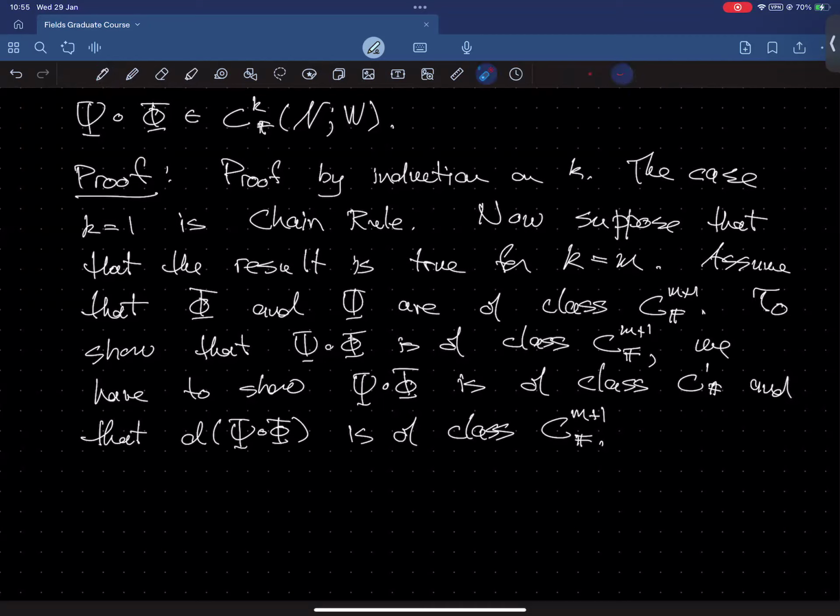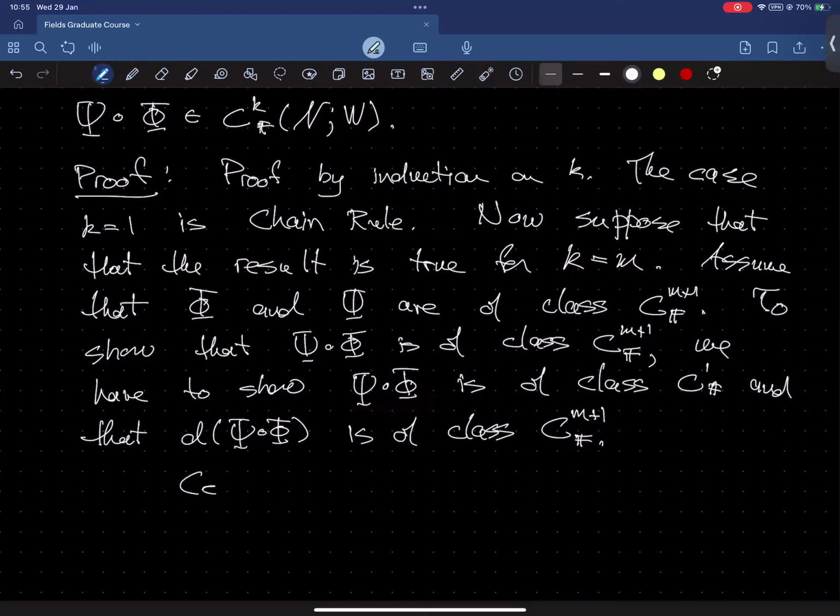Okay, so that's what we need to do. So certainly, because we're assuming the result is true for k equals m, it immediately implies that the composition has to be of class C1.